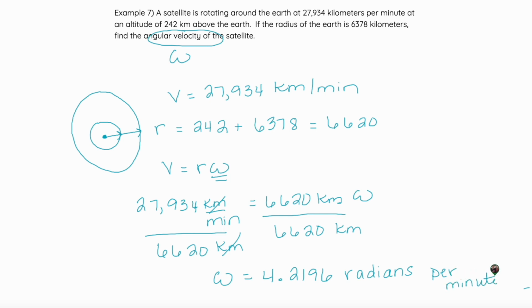Of course, you could turn it into degrees if you want to get an idea of how fast that is, but this is radians per minute. Also think about that there are 2 pi radians in a full circle. And that concludes lesson 5.2. So you are now able to finish all of lesson 5.2 for your homework.